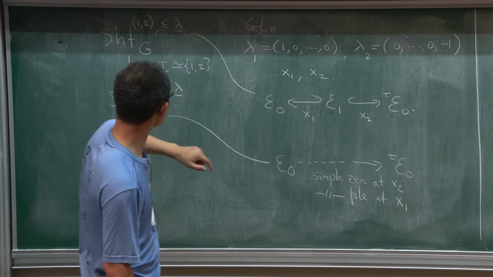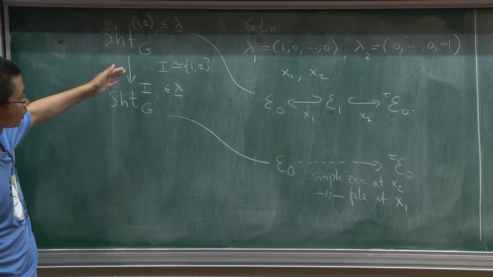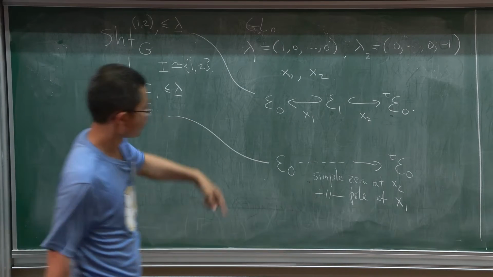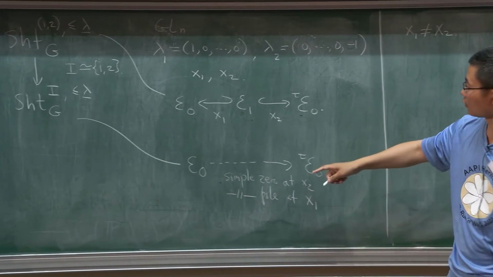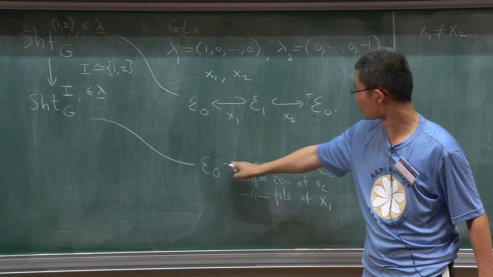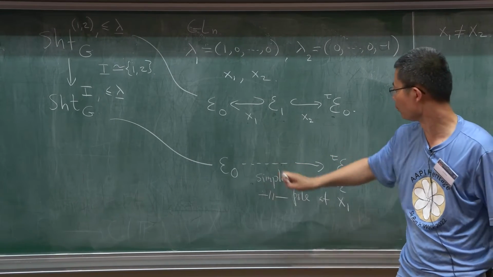Now let's look at where this fiber fails to be a point. Okay, so if x1 is not equal to x2, then there's a unique way to put an E1 here.